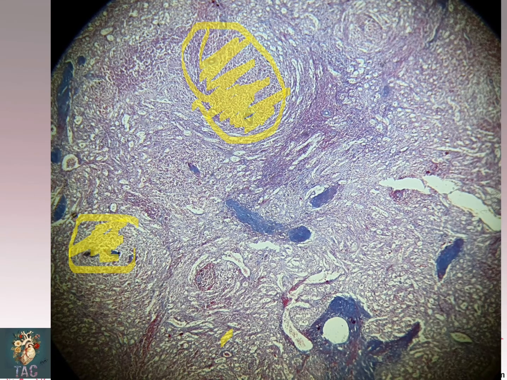This area gives a spongy appearance and a reddish appearance in life because it is filled with RBCs in life. That's why it is given the name red pulp. And this area where the lymphocytes are present gives a bluish appearance in life and is called the white pulp. So this is a beautiful slide for the spleen.